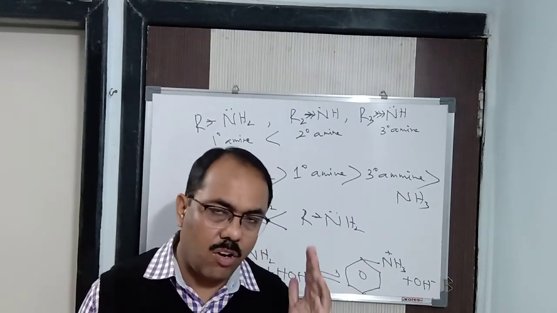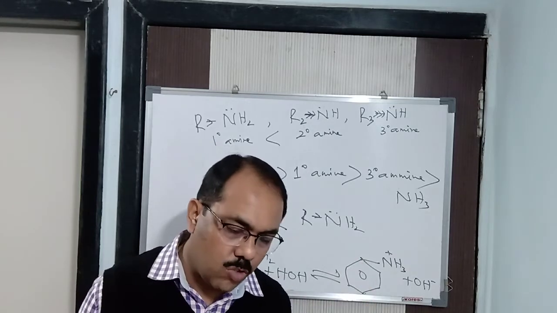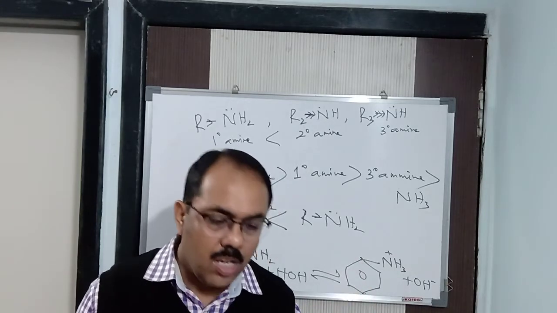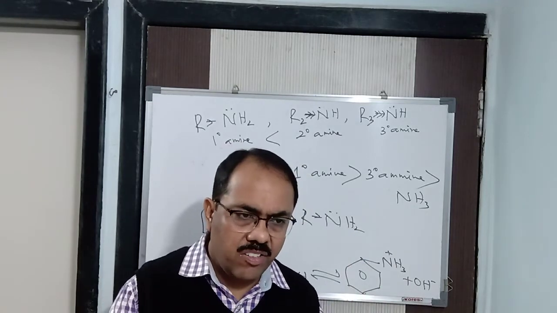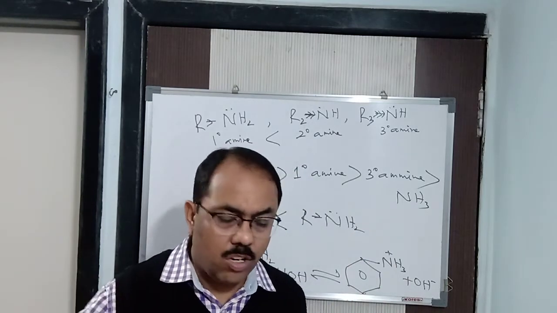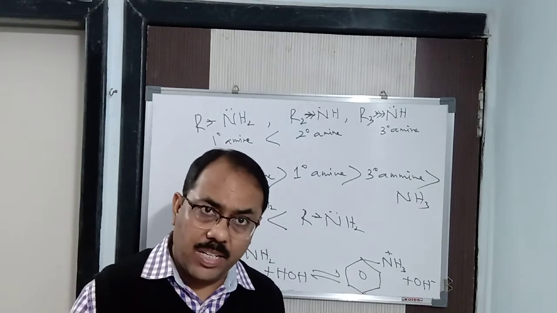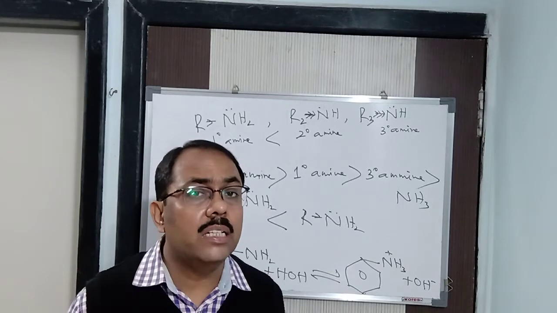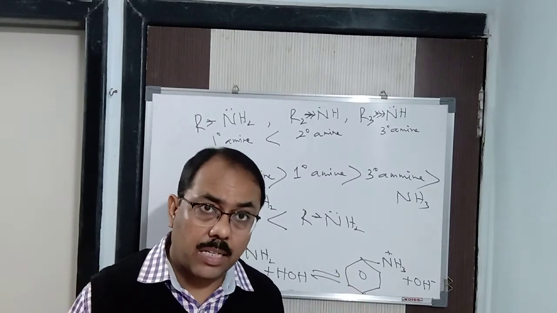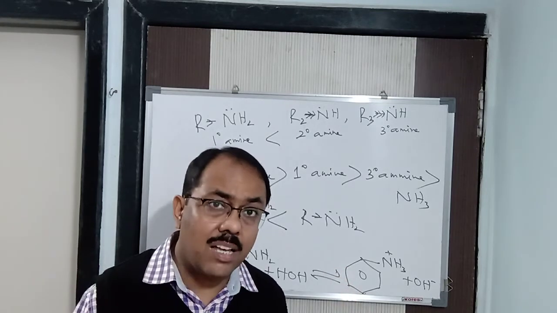So if a group like CH3, OCH3, C2H5, NH2 or OH is present with aniline, meaning a benzene ring with NH2 and, at the second position, CH3 or C2H5, or at the third position, that is the meta position, or the fourth position, wherever it is present, then it increases the basic character.